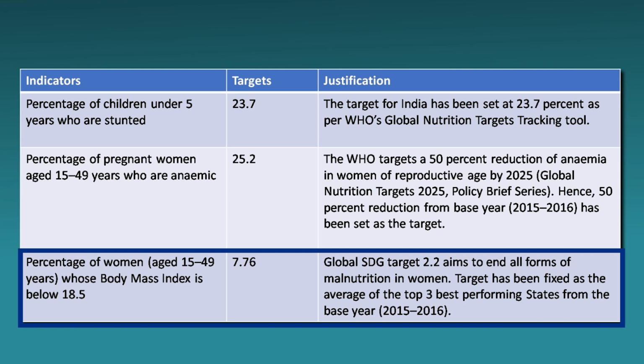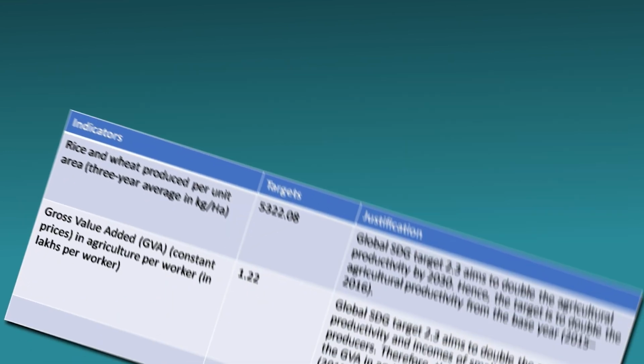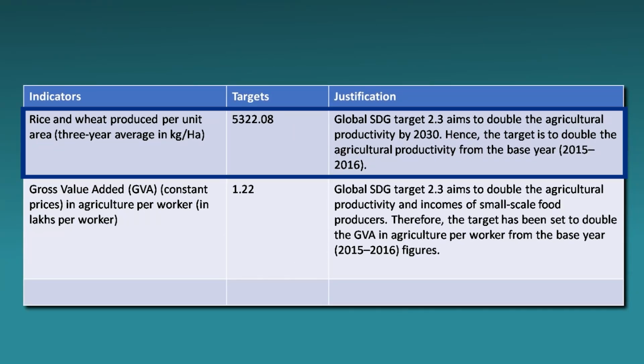So if you look into our national targets, in this particular goal we are putting 2015-16 as the base year, and we look into the score performance of the three best performing states. When we talk about rice and wheat produced per unit area, we look into the 3-year average in kg per hectare, that is 5,322.08. That productivity is also from base year 2015-16.